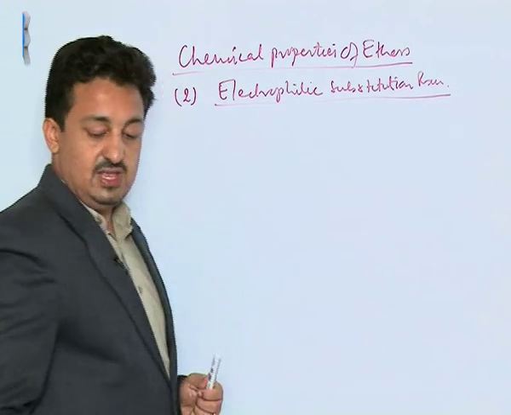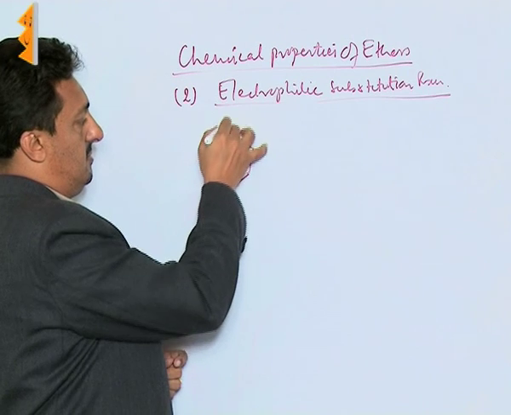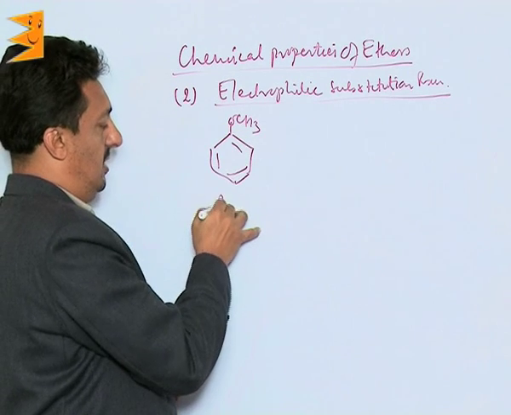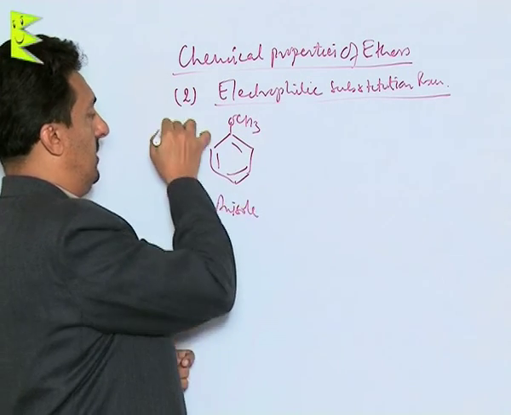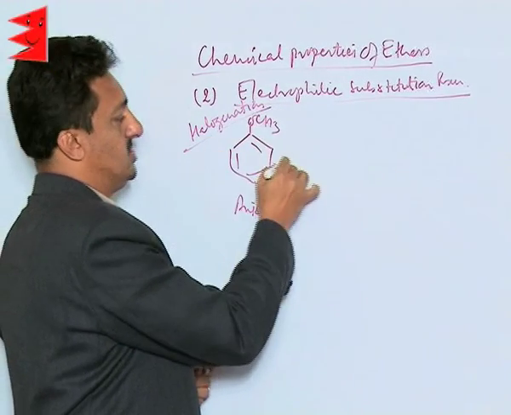First, let us see halogenation. Let us take anisole. We are doing halogenation.